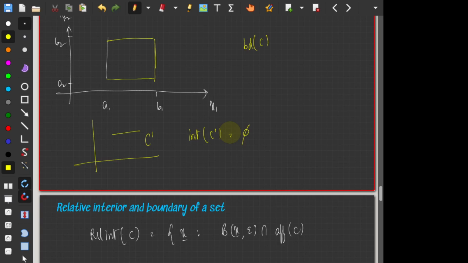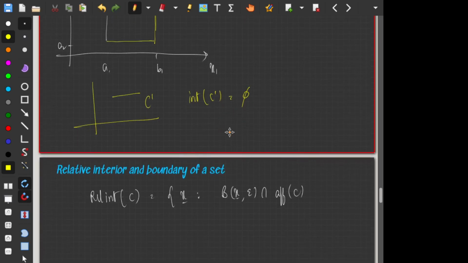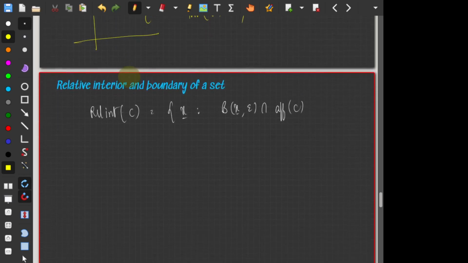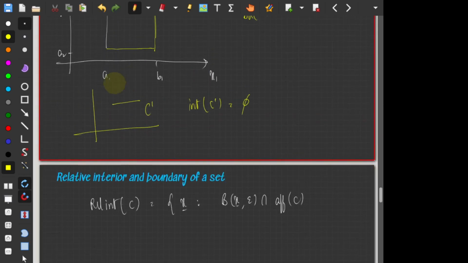If it lies on the boundary, then it need not be the unconstrained minimum. So in order to circumvent this kind of issue, wherein my constraint set could be of a smaller dimension than my original space, we define this notion of a relative interior. So this lies in some affine space, which is potentially of a smaller dimension, so you look at balls of that particular dimension.